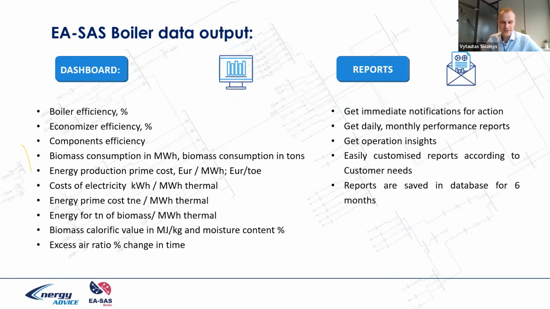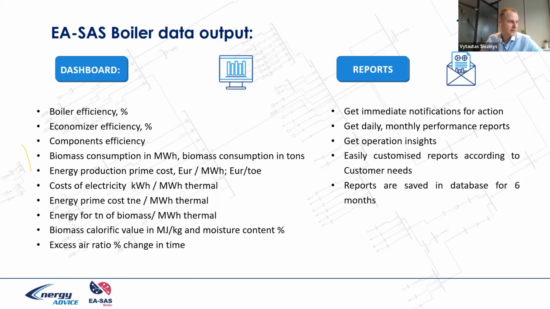And dashboards are configurable according to your needs, but in general, it's at least boiler efficiency, economizer and components efficiency, biomass consumption, cost of electricity, energy, prime cost in euro per megawatt hour, and excess ratio.